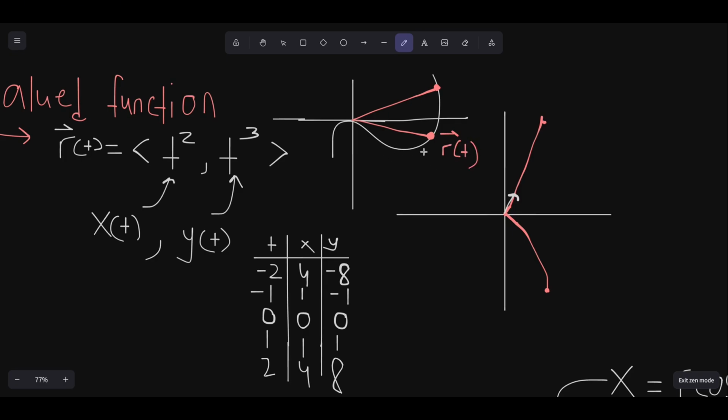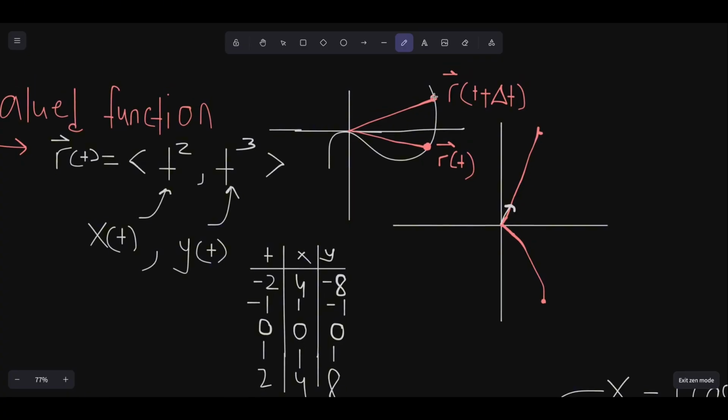So after some time, we're going to be at this position, and then let's say that this is the vector valued function after maybe another second has passed. So maybe our initial time period plus a change in time, so t plus delta t. So this is our position after some time has passed.